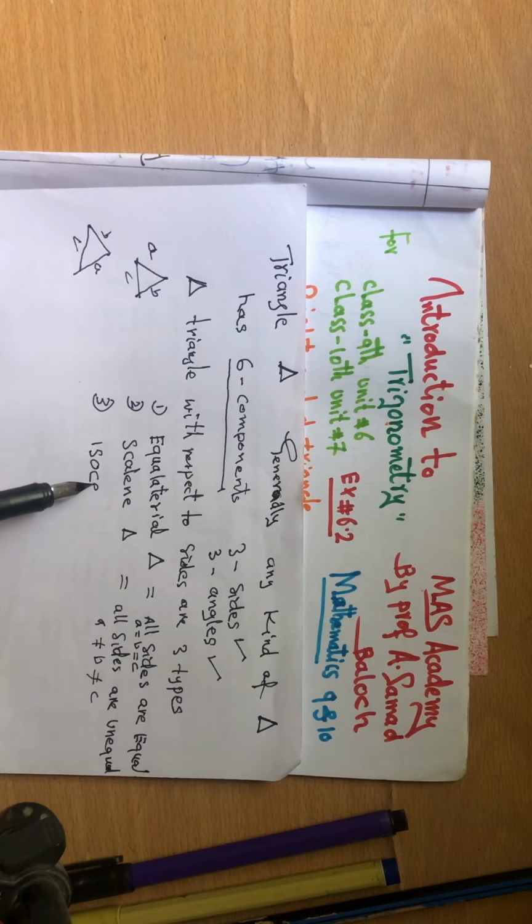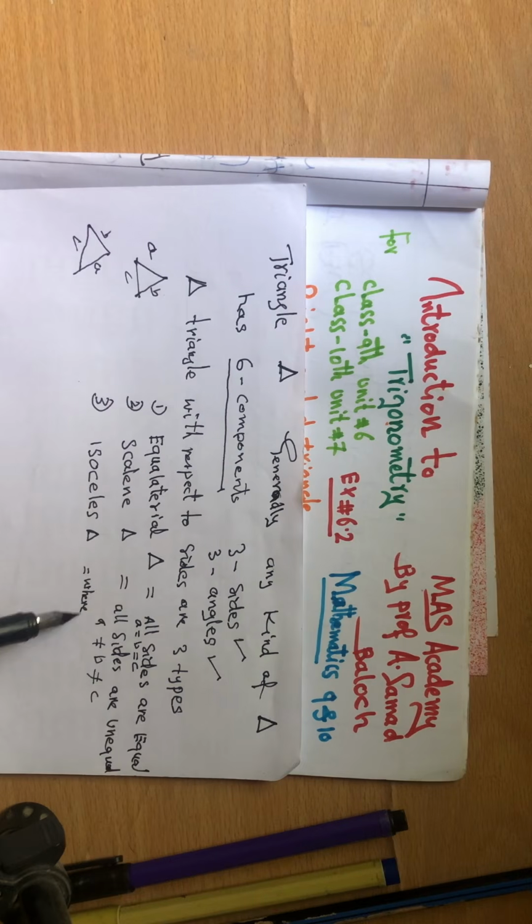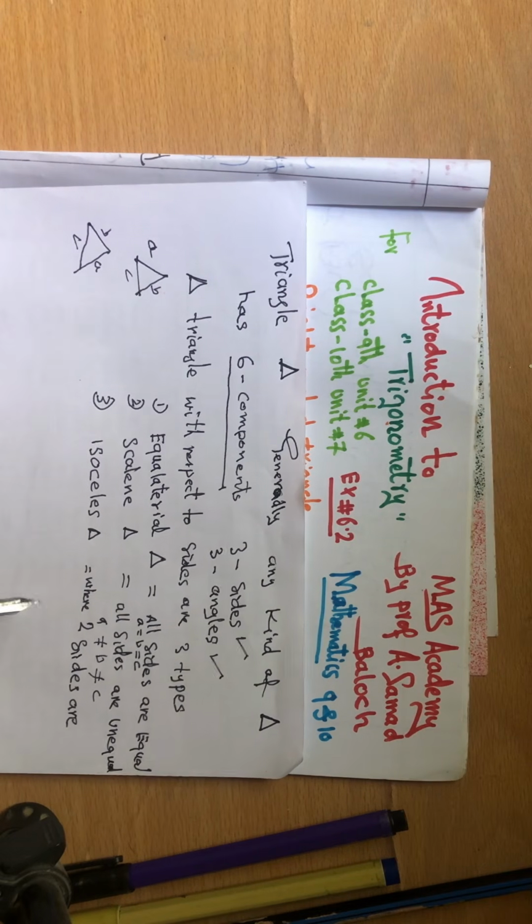The next type is the isosceles triangle, where two sides are equal. Here it means any two sides can be equal.